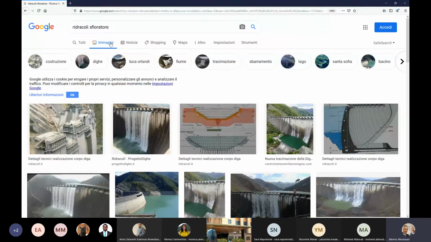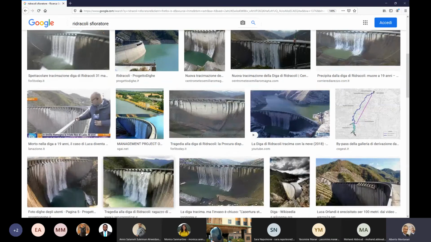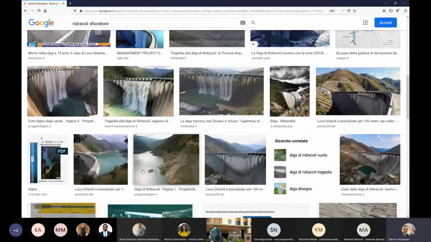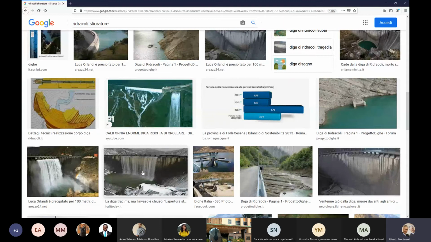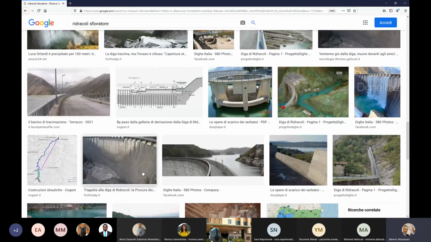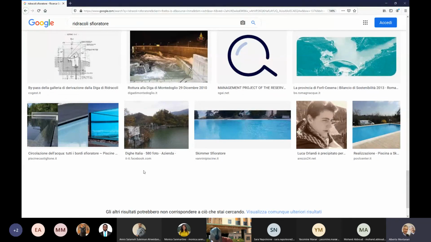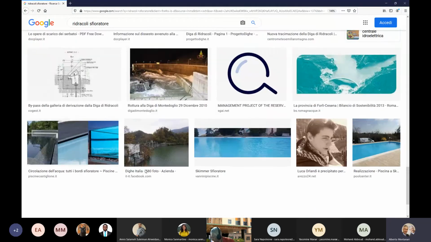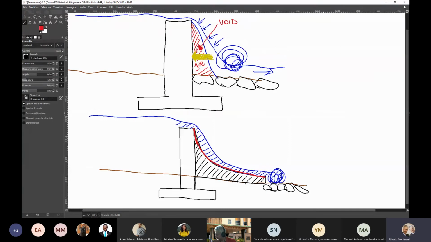I don't think these pictures are very good. I would need a picture of the downstream bottom of the Ridracoli Dam, but I can't find anything very good quickly. Okay, so let me move forward with the description of how this profile was determined.